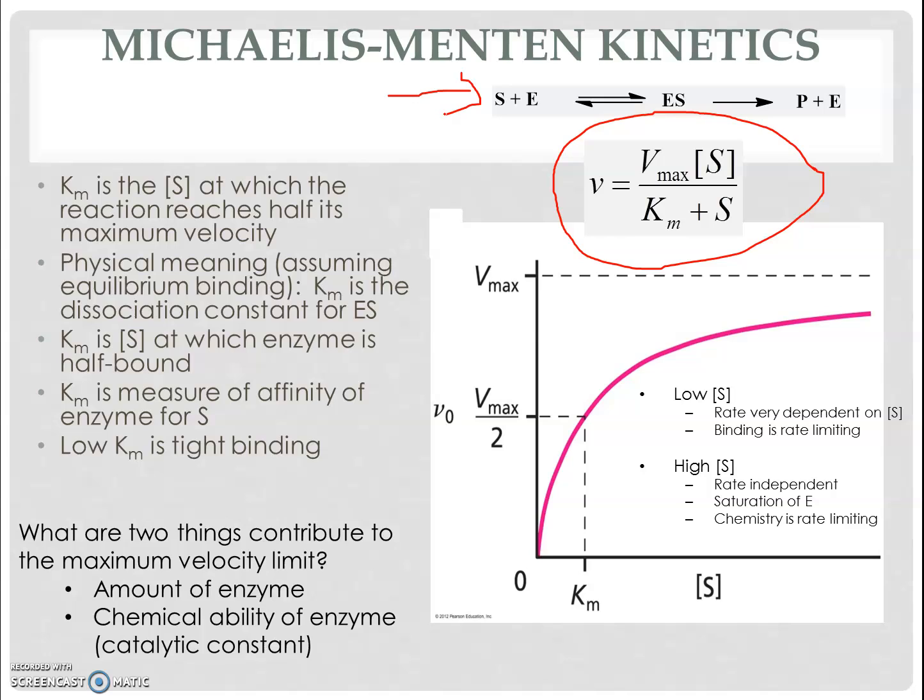If you have a Michaelis-Menten plot, as it shows here, this is the hyperbolic plot. You may be able to find the Km value, the Michaelis-Menten constant value, and the Vmax value from this plot.